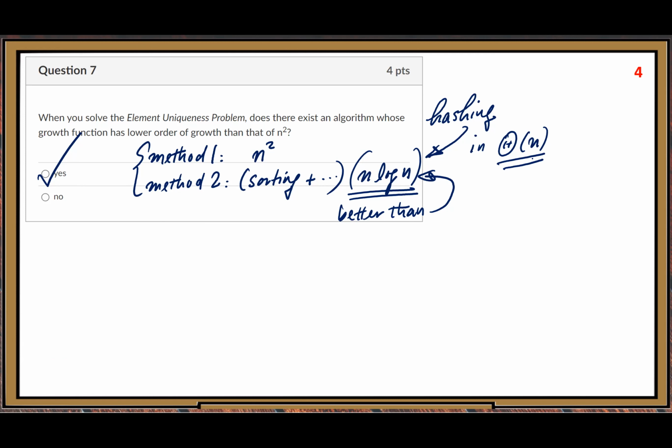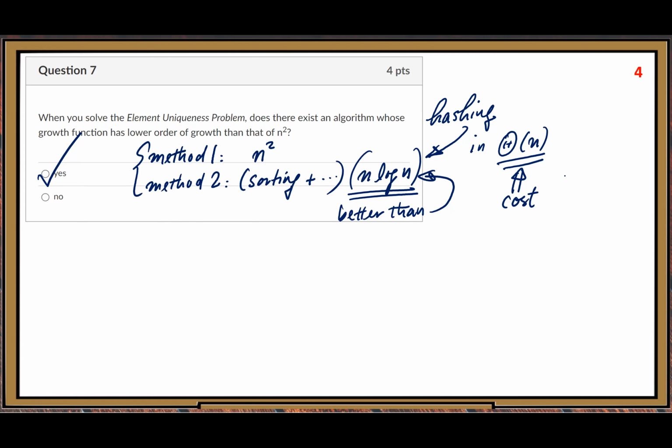Because when we construct a hash table, we need this much cost. And when we construct the hash table, we can detect if an element is unique or not. Because when you put it in the hash table, if it's not unique, you will get a conflict. You will detect a conflict immediately, so you stop.